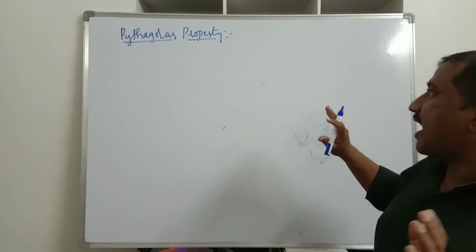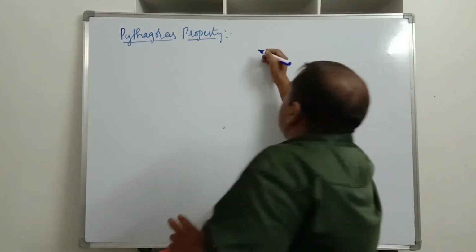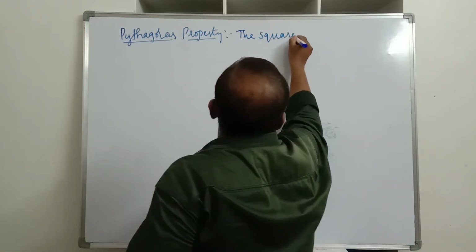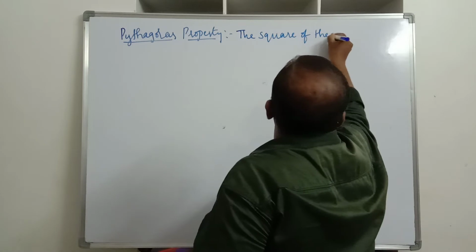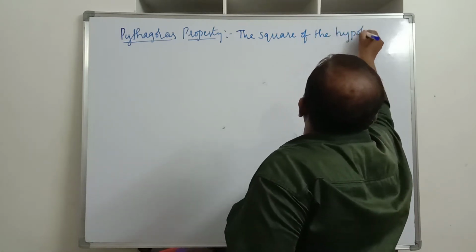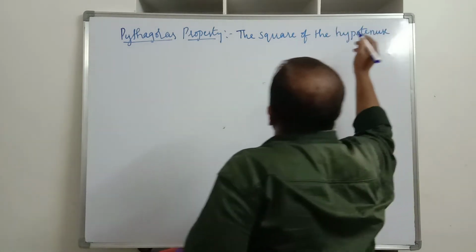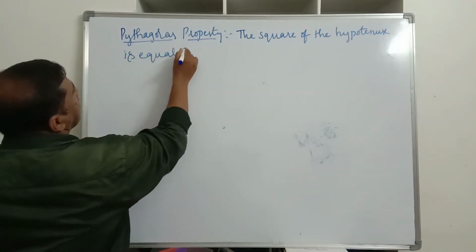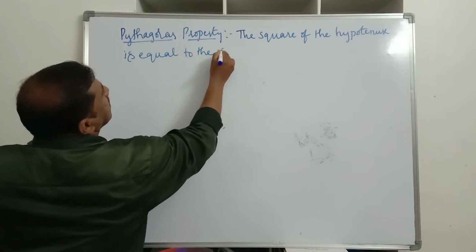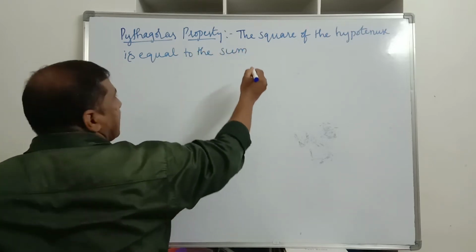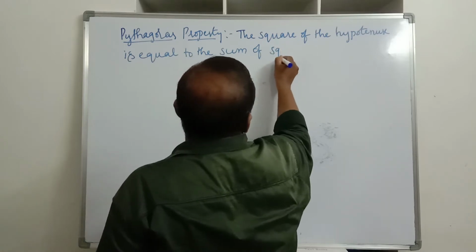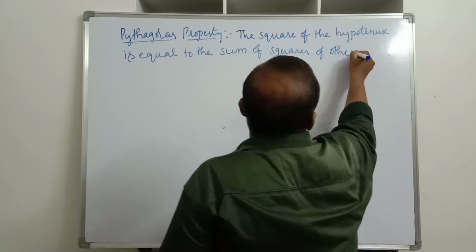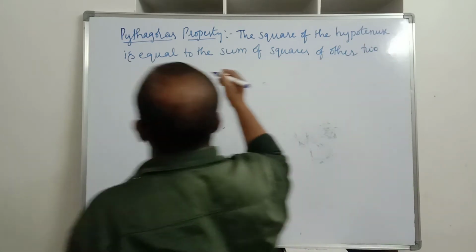As I told, hypotenuse. He said that the square of the hypotenuse is equal to the sum of squares of other two sides.